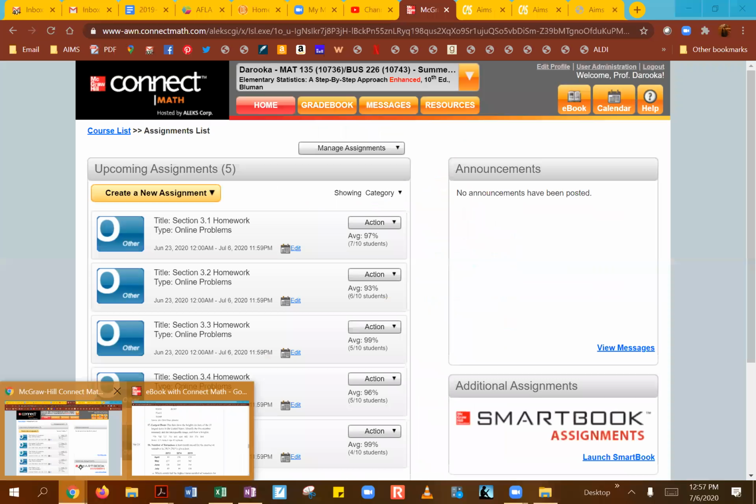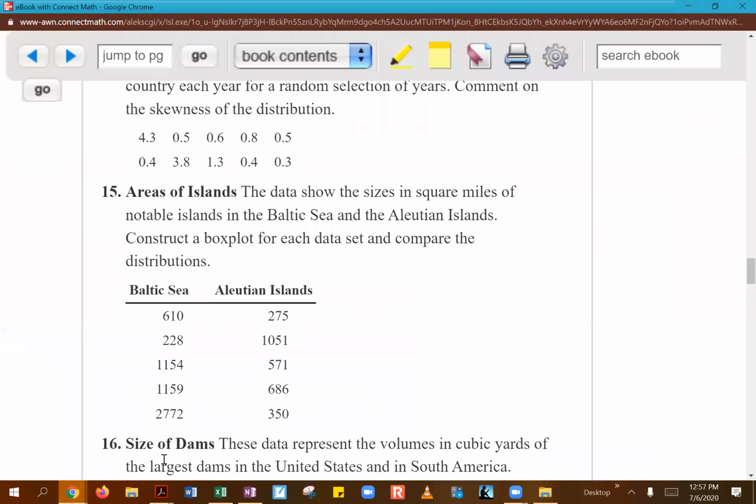So let's see if we can find an example in here.